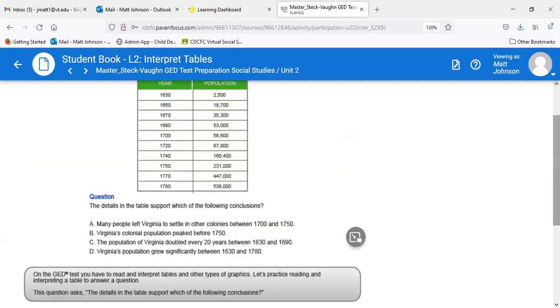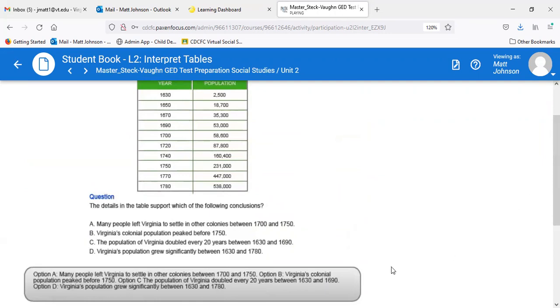On the GED test, you have to read and interpret tables and other types of graphics. Let's practice reading and interpreting a table to answer a question. This question asks, the details in the table support which of the following conclusions? Option A. Many people left Virginia to settle in other colonies between 1700 and 1750.